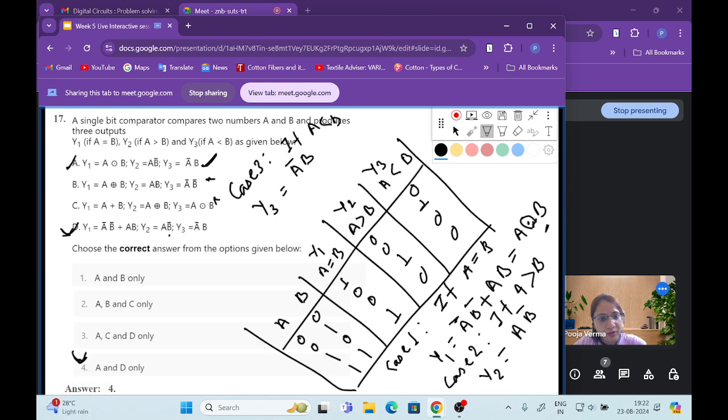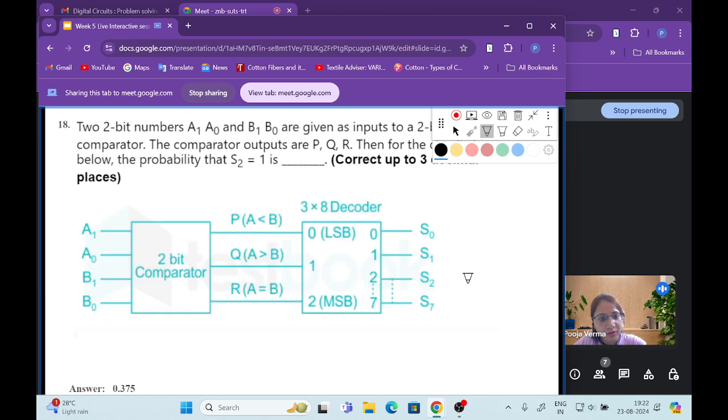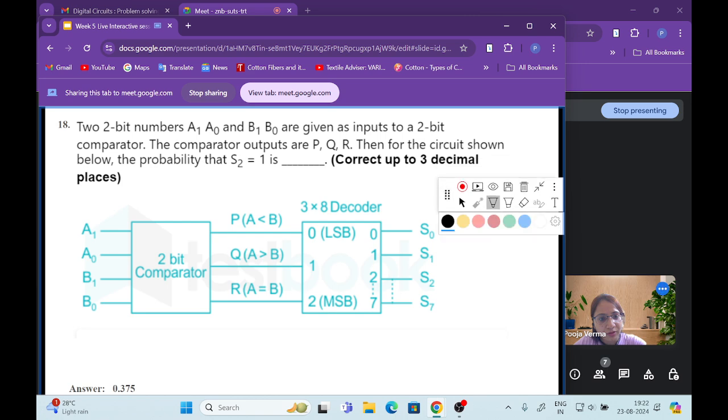Okay, so I hope you have got how to solve the comparator related questions. So moving to the next question. The next question is: 2-bit numbers A1, A0 and B1, B0 are given as inputs to a 2-bit comparator.